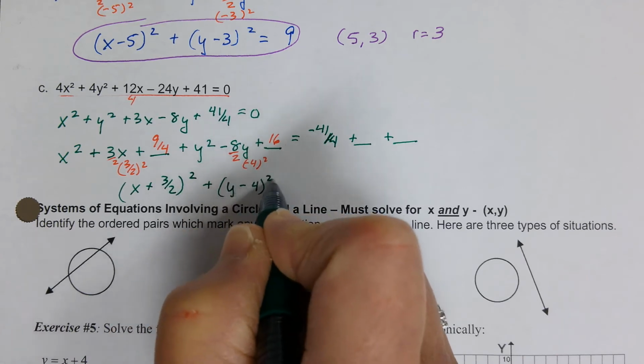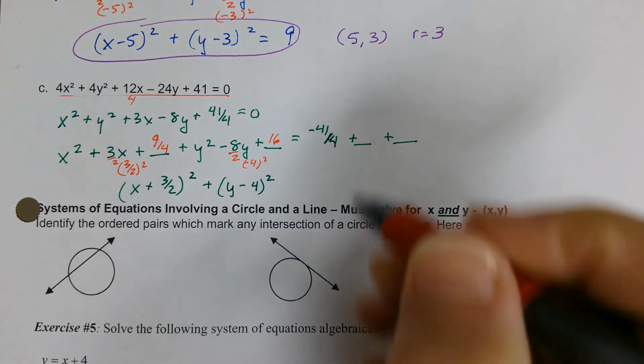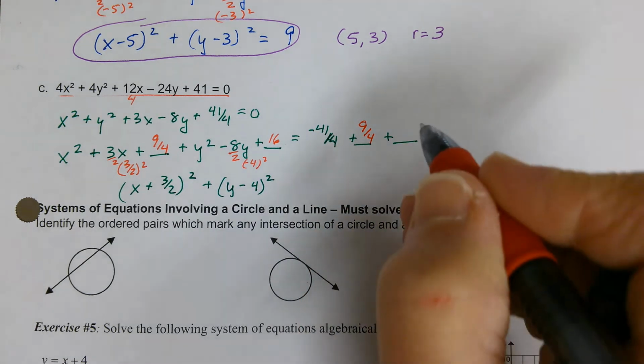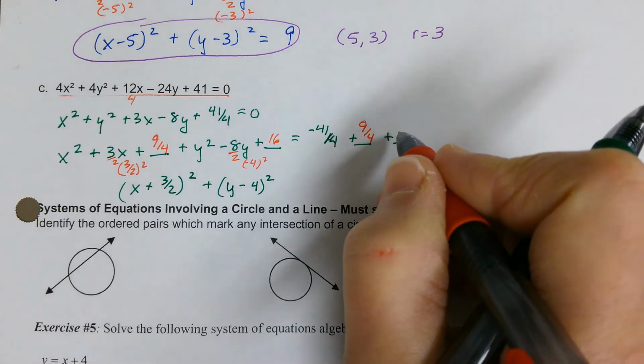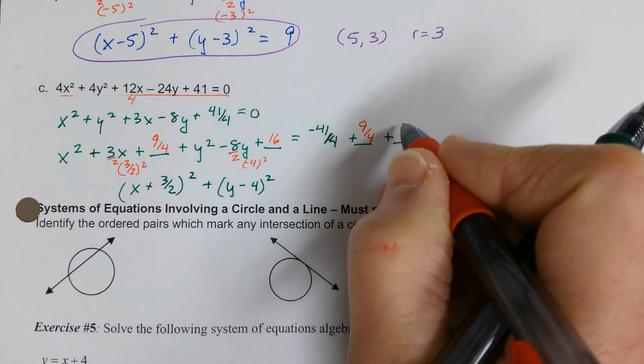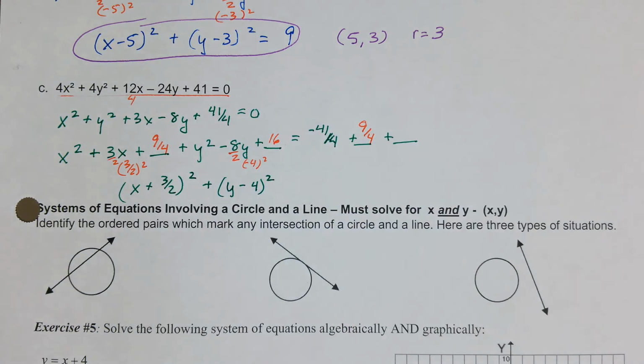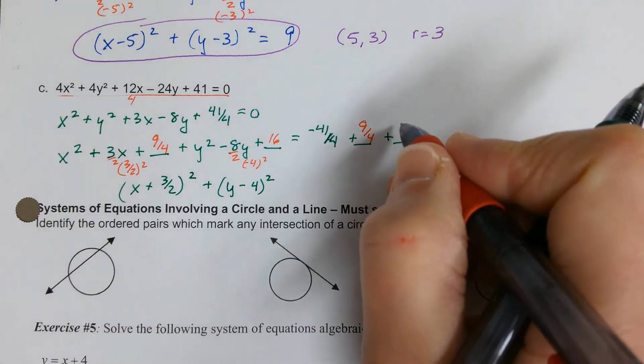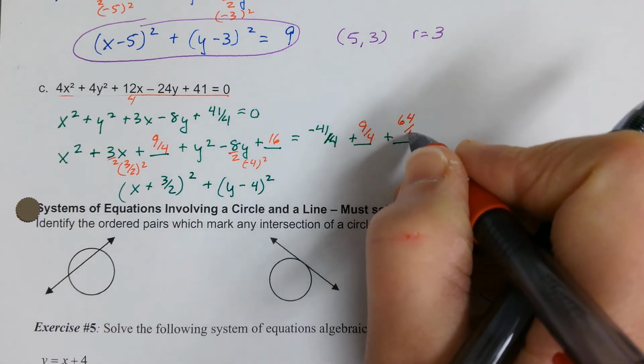Oh, and I forgot my blanks. I forgot to add 9/4 and 16. 16 is equivalent to how many quarters? Is it 64 quarters? Yeah. So I'm going to write the plus 16 as its equivalent 64 quarters.